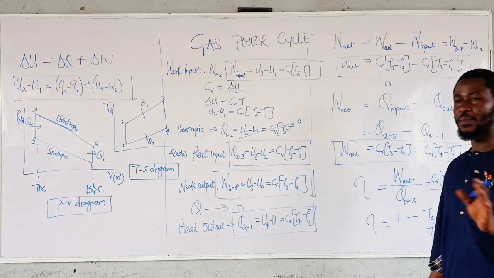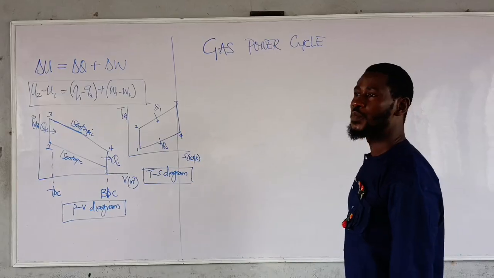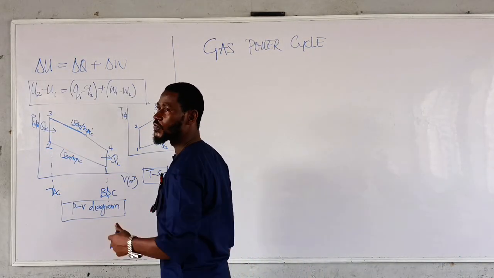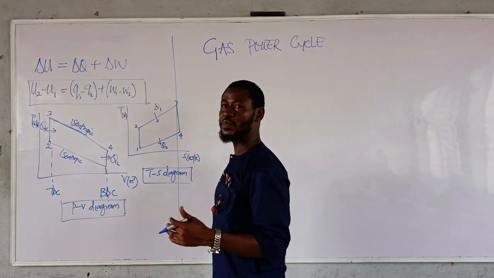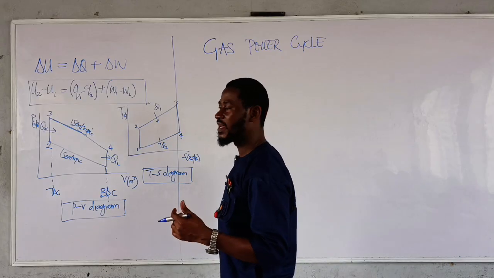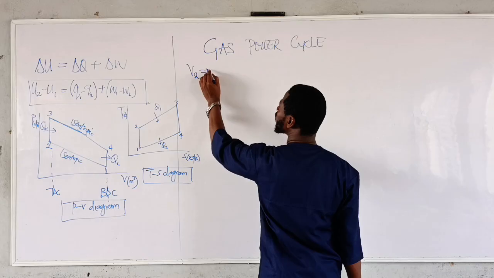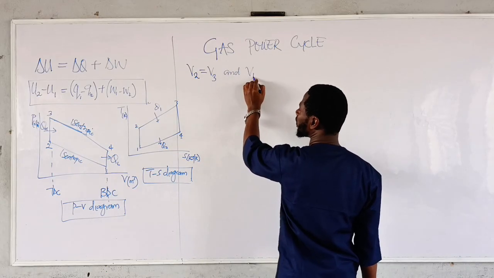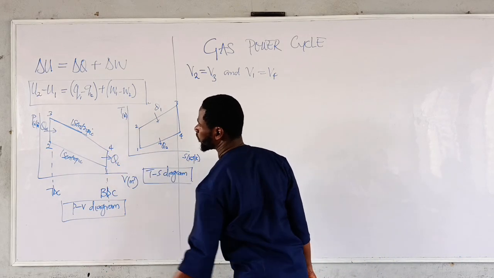We are not yet done. This is where we will now apply some forms of thermodynamic mathematical expression. Process 1 to 2 and process 3 to 4 are isentropic processes: isentropic compression and isentropic expansion. So what happens to the volume at that level? V2 equals V3, and V1 equals V4.